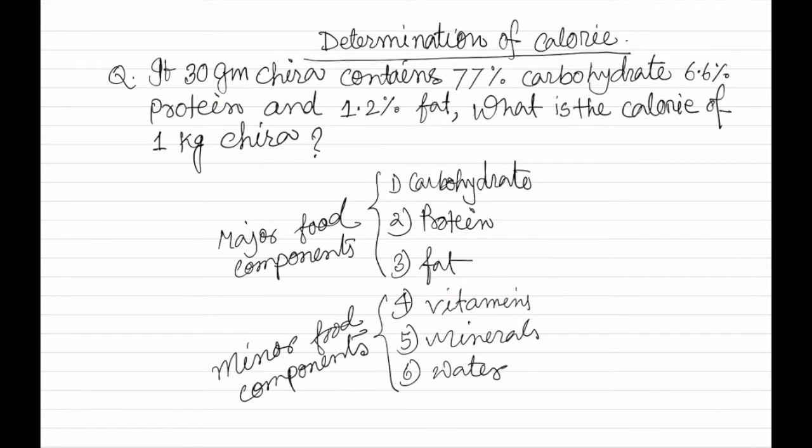Why are the first three components known as major food components? Because these three food components contain different amounts of calorie, but there is no calories in the last three components of food.